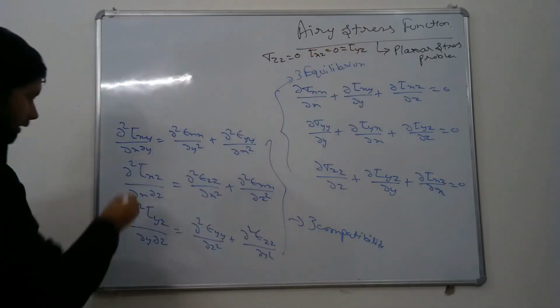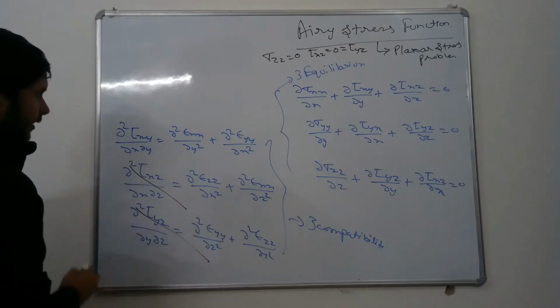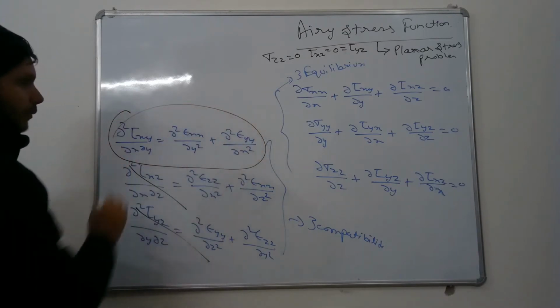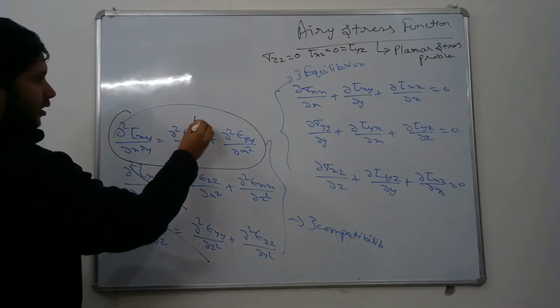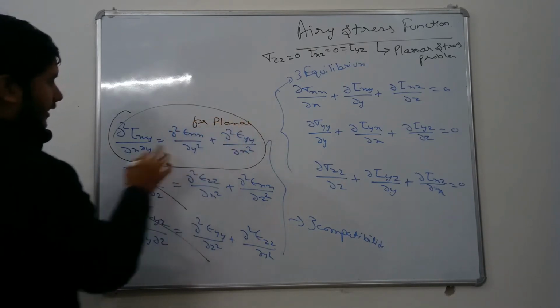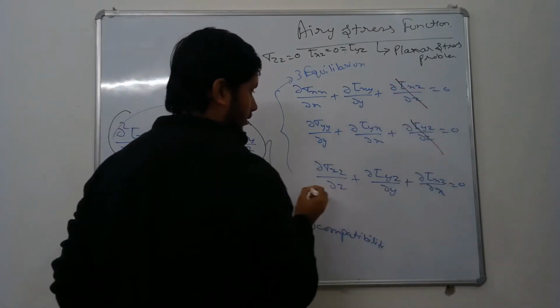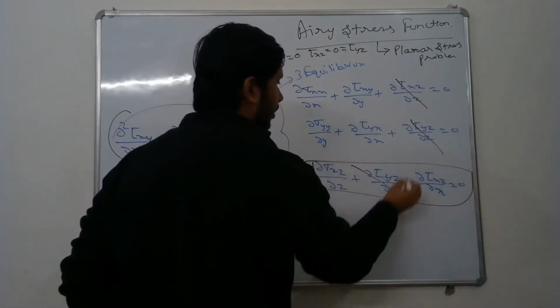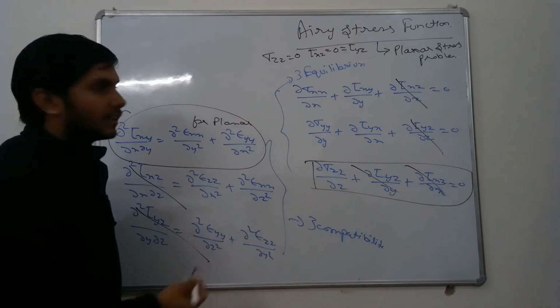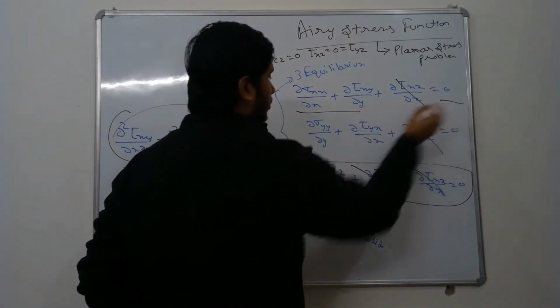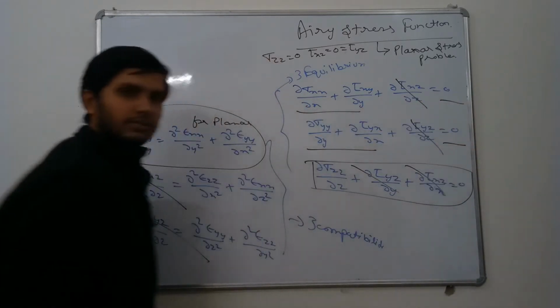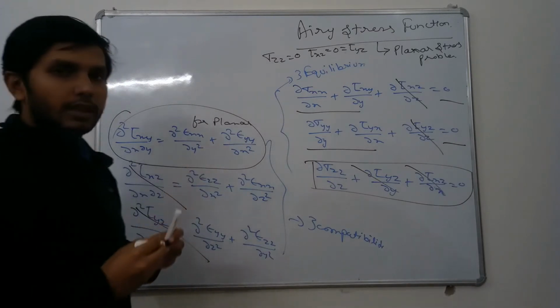So here we don't take these, we only take this. This is the compatibility equation for planar stress. Here also this is 0, this is 0 and this whole thing is 0. So for planar stress the equilibrium equations are this equal to 0, this equal to 0. Fine. This is how we set up the Airy stress function.